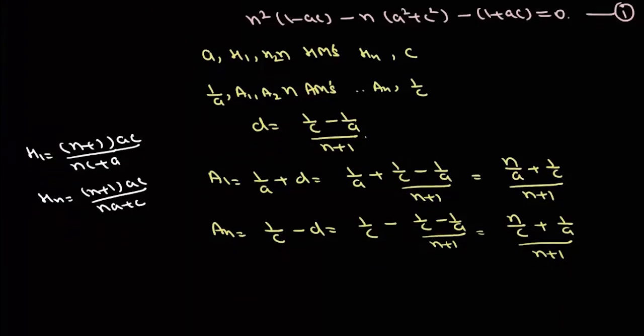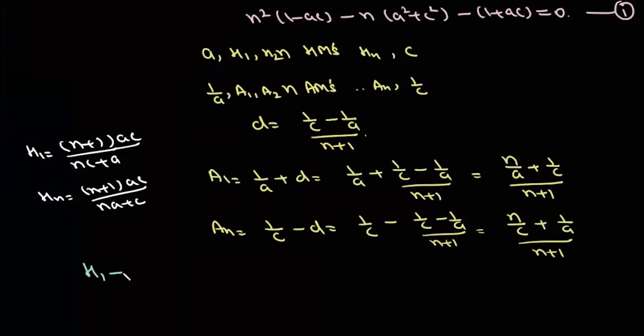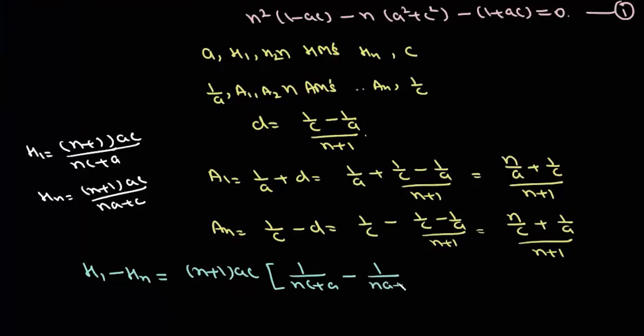So we can write H1 minus Hn is, now this n plus 1 ac will be common, and then we'll have 1 upon nc plus a minus 1 upon na plus c.